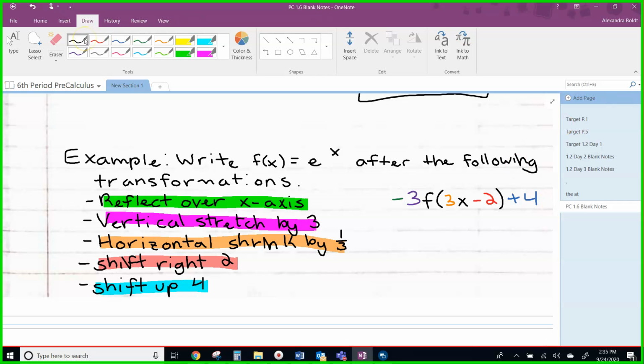Now I just have to actually write this with my function, right? My f of x is actually this e to the x. So this is going to equal, that's just going to be still -3. I'm going to replace my f of with the function. So my function is this e to the, everything inside the parentheses is now where my x was, right?